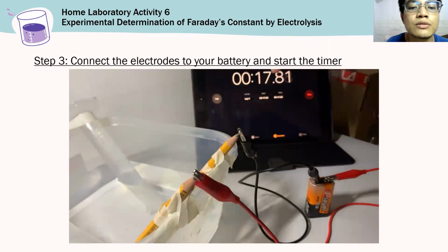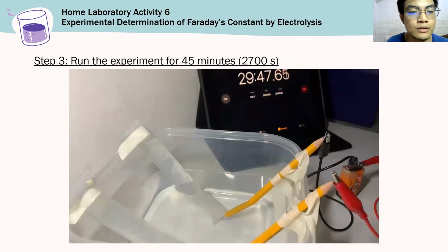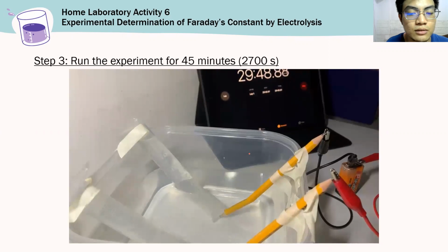Make sure also that your alligator clips are well clamped to your carbon rod so that the electrons from the battery can pass through the wire to the carbon and then into the solution. You have to run it for 45 minutes or 2,700 seconds, as I mentioned.